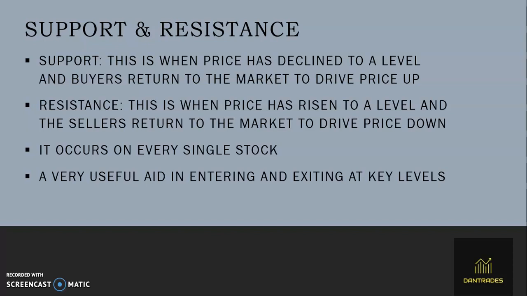Resistance is conversely where price has risen to a level and the sellers have returned to the market to drive price back down. So in other words, there are key levels that we'll see in a moment or two on the charts where price arrives and the buyers tend to return to the market.